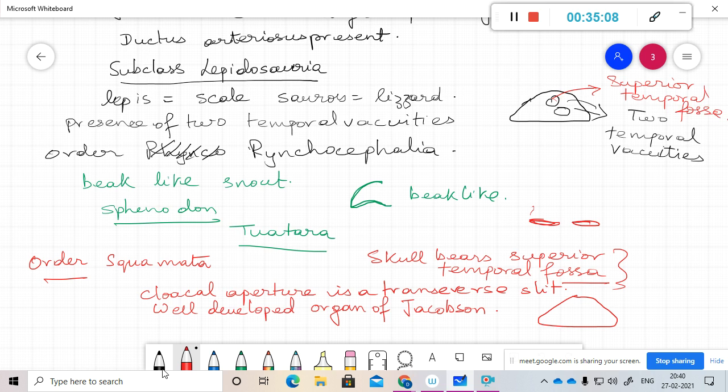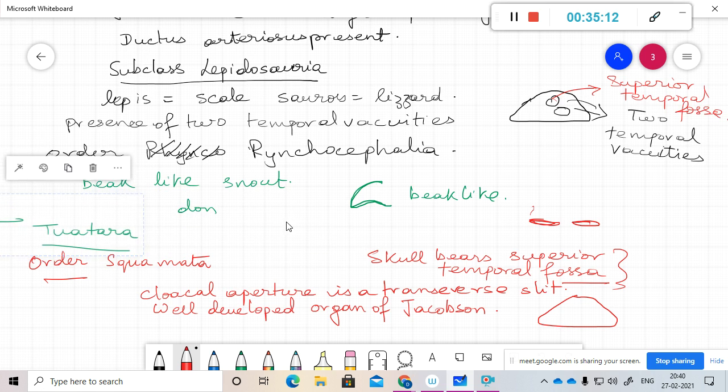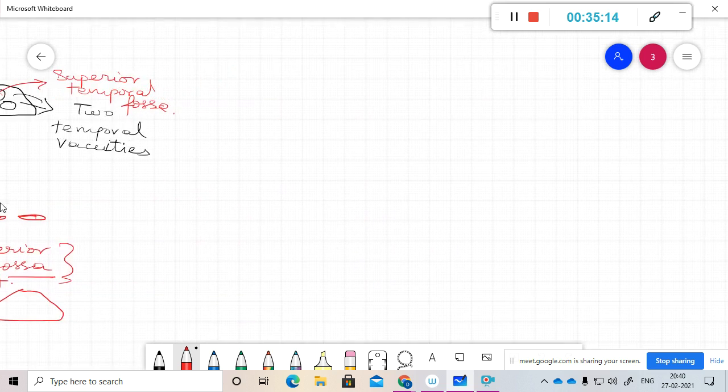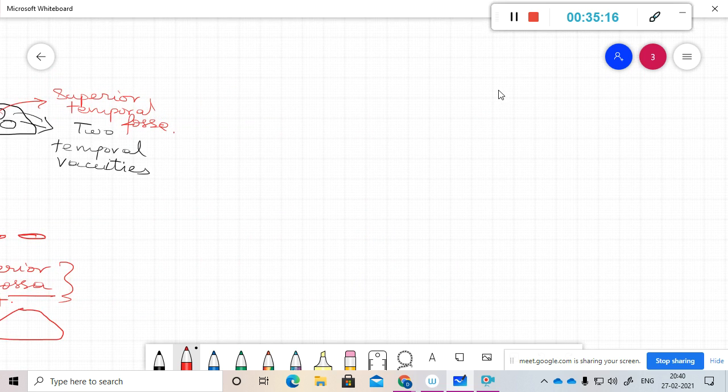Among them, of course, you know the suborders: suborder Lacertilia and suborder Ophidia.